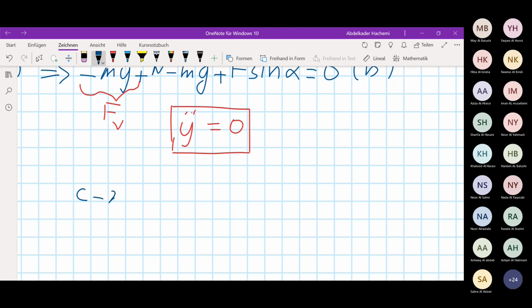Then we have (C minus X) squared plus A squared equal to (L minus V0 multiplied by T) squared, okay?